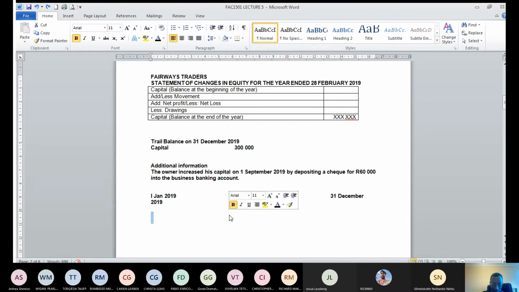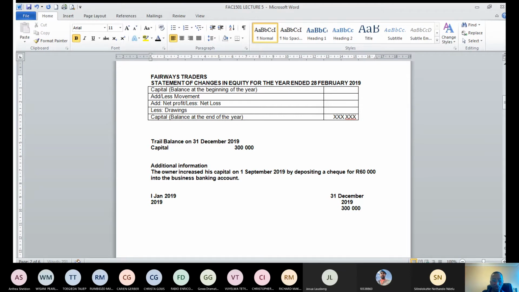Right. And on the 31st of December 2019, my trial balance is telling me that the balance of capital, at the end of the financial year, is the amount of 300,000 rand as per trial balance.